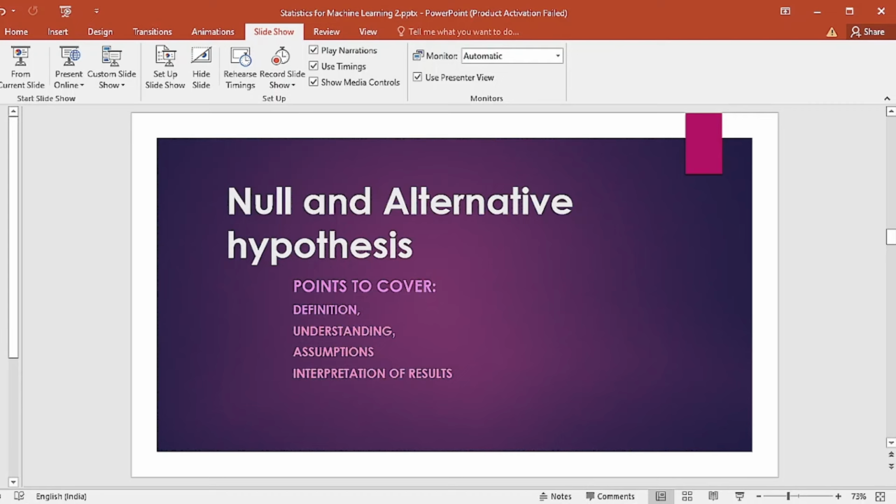The alternative hypothesis gets accepted when we reject the null hypothesis, and the null hypothesis is retained if we fail to reject it. In null hypothesis, the p-value is greater than the significance level, and in alternative hypothesis, the p-value is smaller than the significance level.